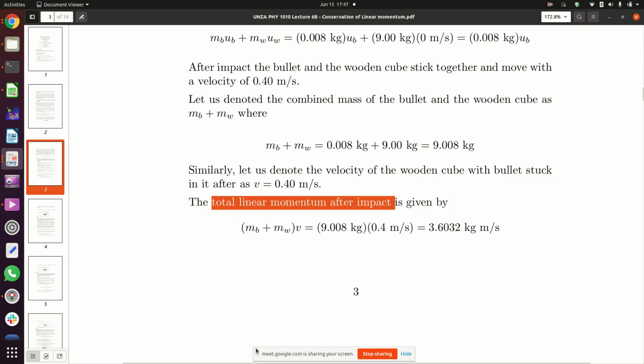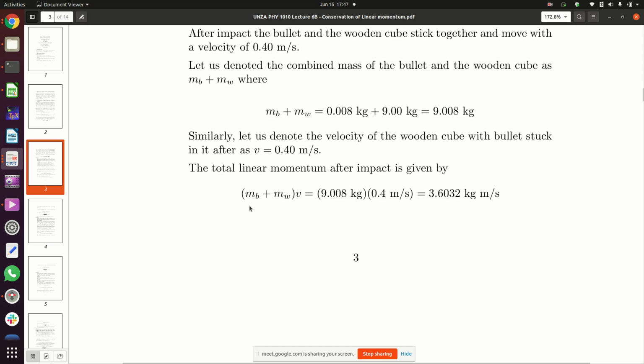It is going to be the combined mass of the bullet and the wood, 9.008 kgs, multiplied by the velocity, 0.4, and we get the total linear momentum just after impact of 3.6032 kgs meters per second.